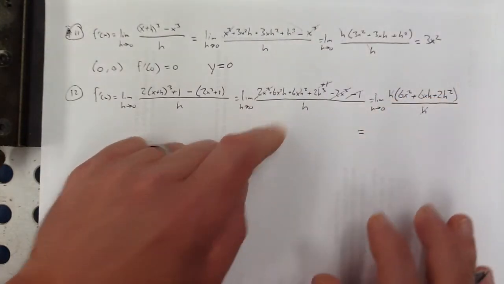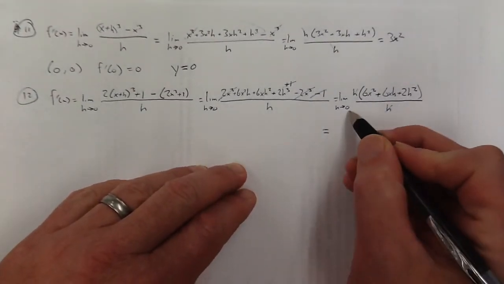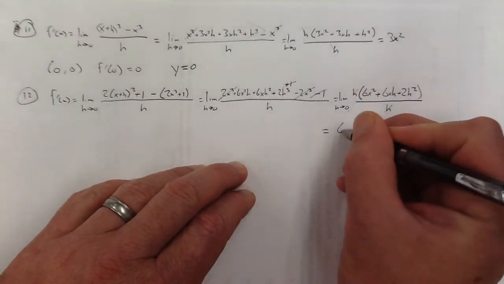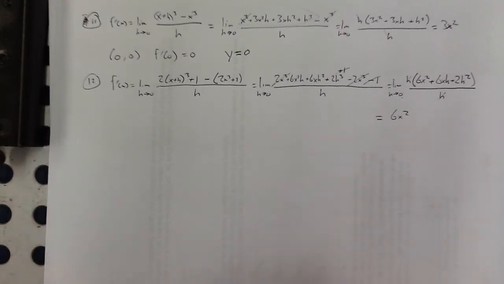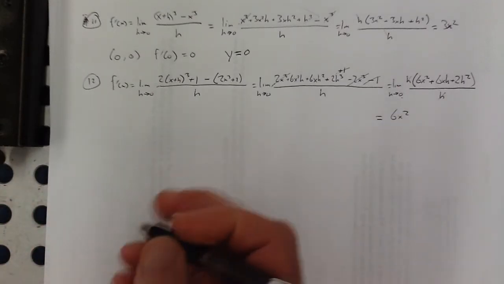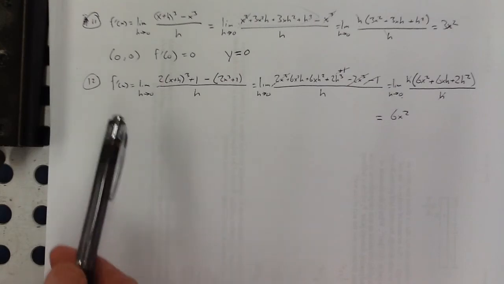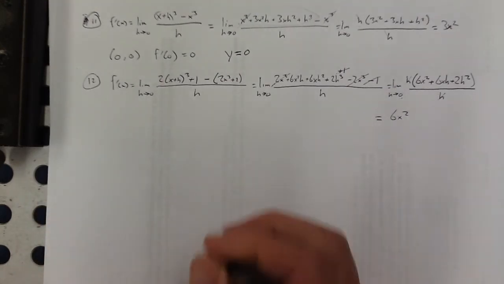And I think we're ready to rock and roll now, and by rock and roll I mean plug in 0 for h, and that knocks out those, so 6x squared. So in the language of calculus, you could say that if f of x is equal to 2x cubed plus 1, then f prime of x is equal to 6x squared.